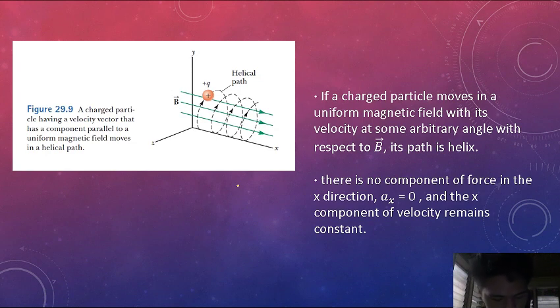So, paano naman pag ang charged particle ay mag-move sa uniform magnetic field with its velocity at some arbitrary angle with respect to magnetic field? Its path is helix. As a result, a sub x is equals to 0, and the x component of the velocity remains constant.